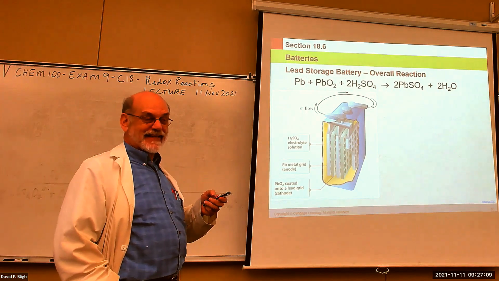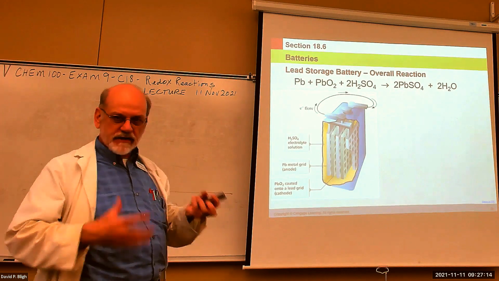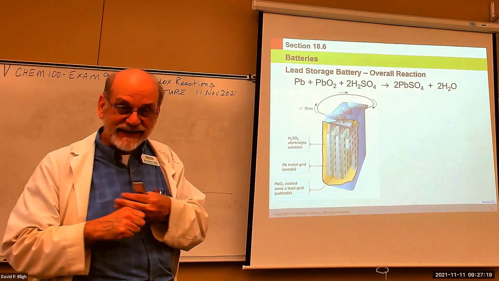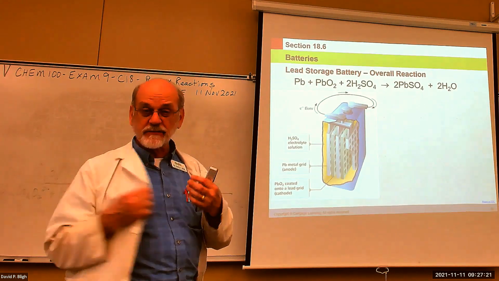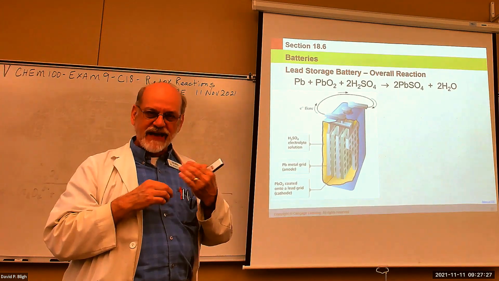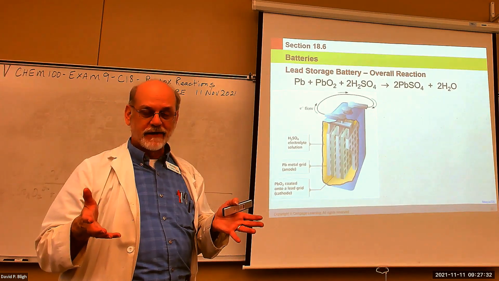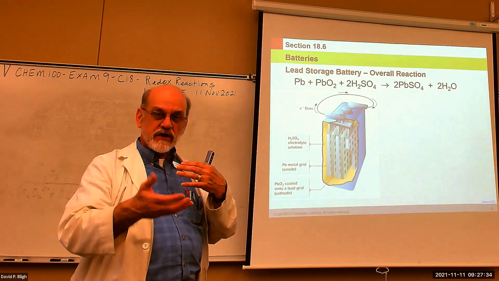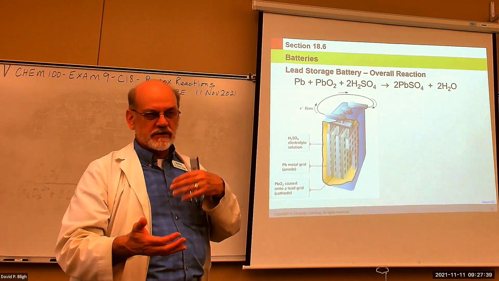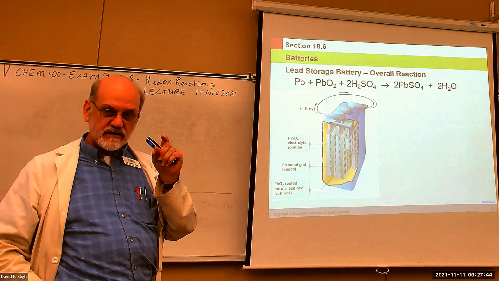Okay? Now, the problem is this lead sulfate is coating those plates. If you don't completely use up all that lead sulfate, and sometimes it gets down into the microscopic cracks and doesn't have access to the solution outside, so the reaction doesn't occur. Okay. So over the years of charge, discharge, charge, discharge, you build up this lead sulfate on each of those plates.